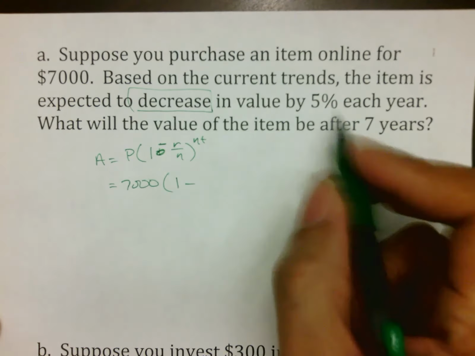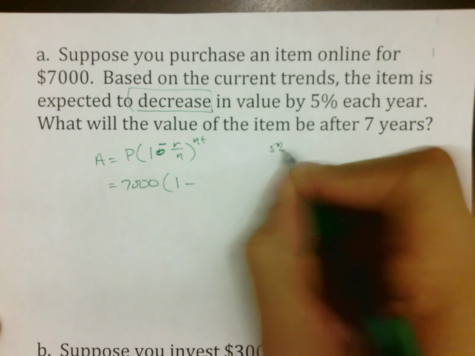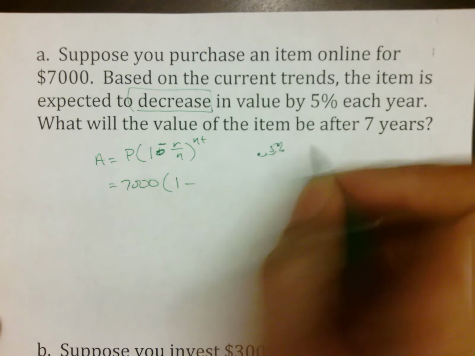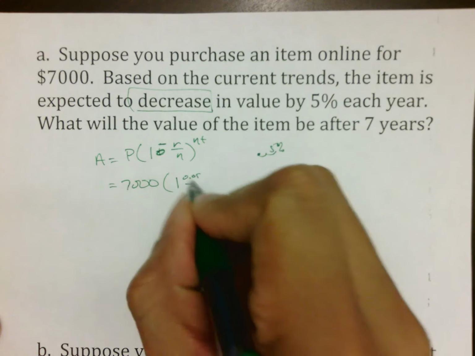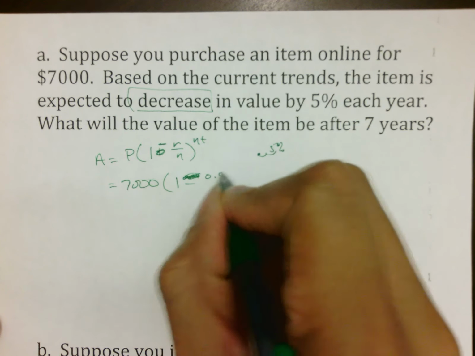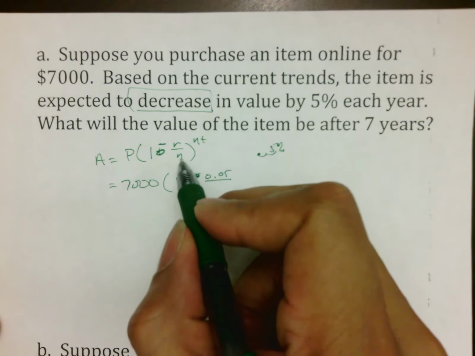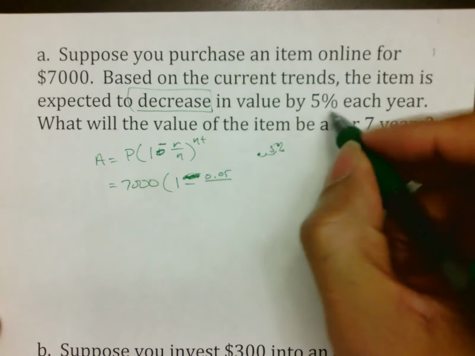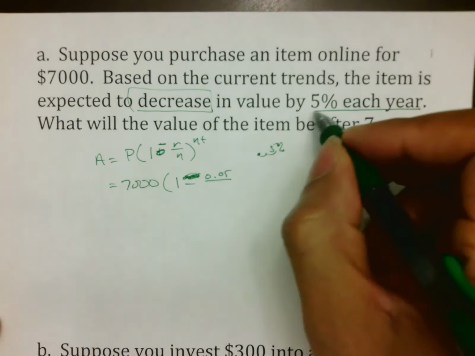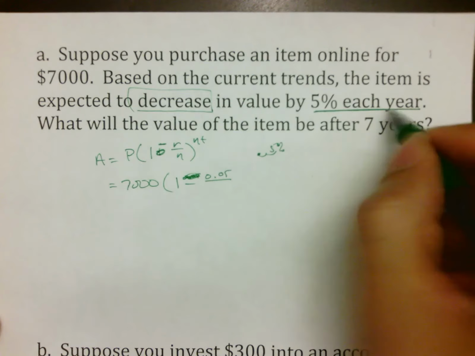1 minus your percentage in this case is 5%. Well, 5%, if you move that 2 spots, is 0.05. Over the number of times it's going to happen. It says it decreases 5% each year. That means it is going to do that 1 time because it only does that every year.